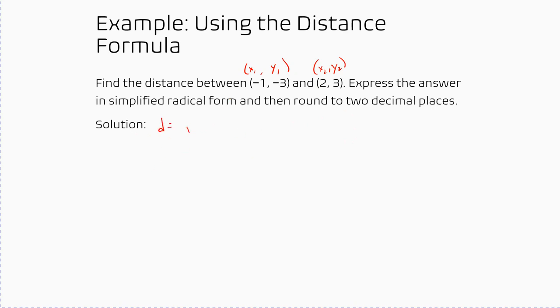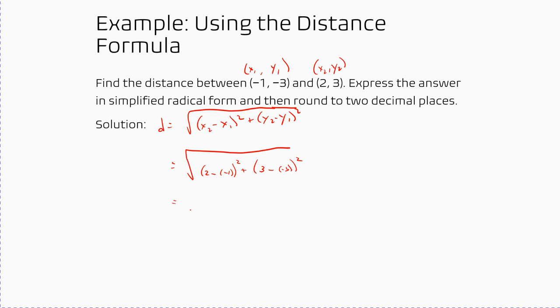So distance is equal to the square root of (x2 minus x1) squared plus (y2 minus y1) squared. Okay, so you just straight follow the formula. It's the square root. So x2 here is 2, minus x1, which is minus 1, squared, plus y2, so this is 3, minus y1, which is minus 3.